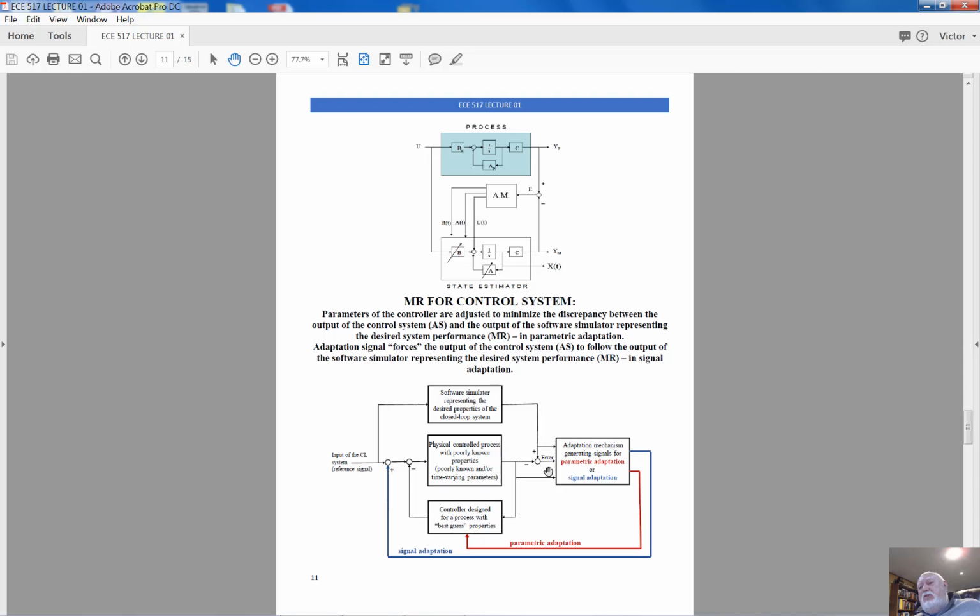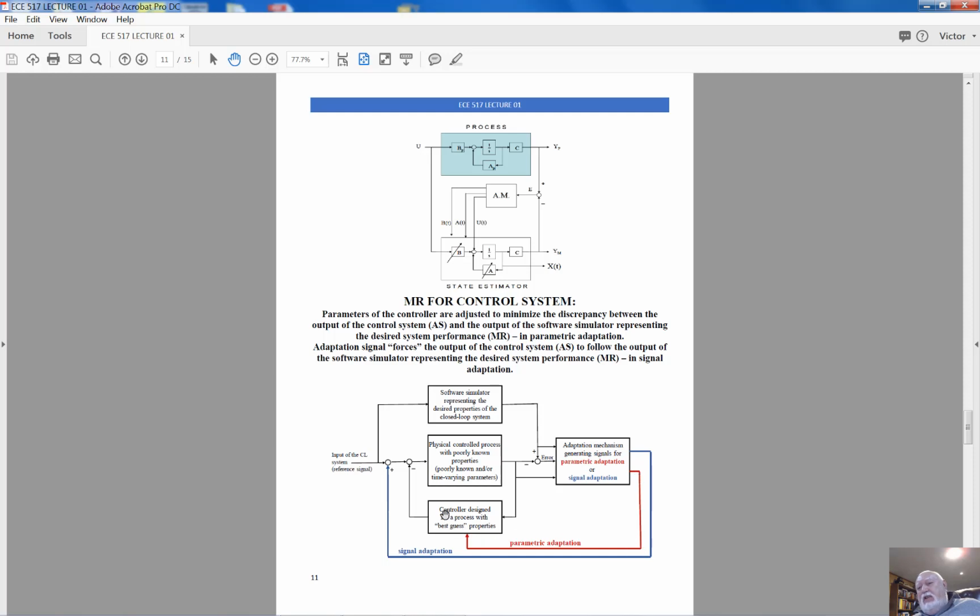Adaptation mechanism uses more information than just error, but this adaptation mechanism can generate an adaptation signal for signal adaptation. This adaptation signal would be forcing the system to follow the reference, the model reference. Or you may have the parametric adaptation.